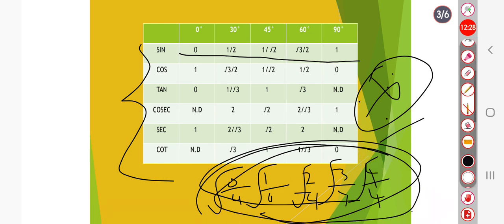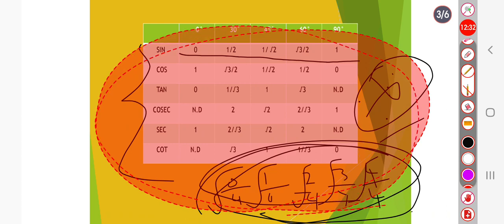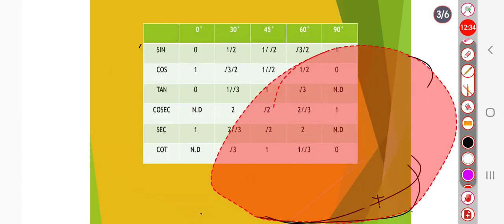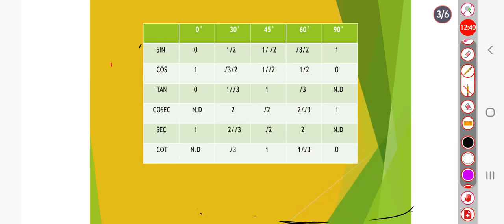So just don't forget this, because if you are wrong in any one single value, say for example sine 90, and instead of 1 you put 1 by 2 or something else like that, the entire sum which you are going to solve will be wrong. You won't get even a single mark because this is maths. So kindly watch this video again to have it memorized in your mind, so that you can easily put in the values.